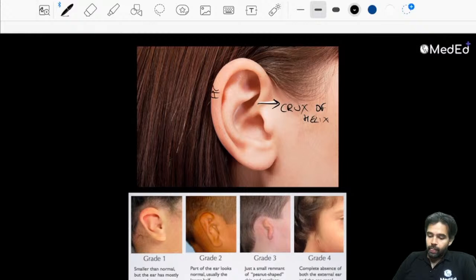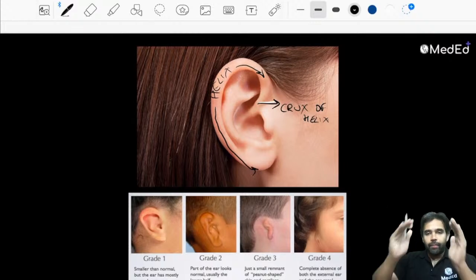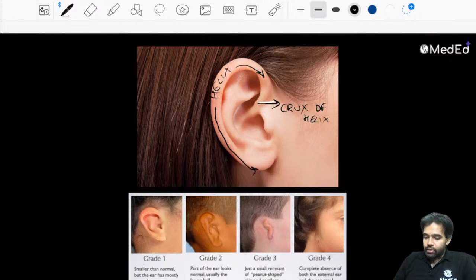This whole thing is the helix. Helix basically means curve, right? So everything that is curving around is the helix. And opposite to it, this is curving in such a way that it is cupping inside, and the one that is projecting down is the anti-helix.